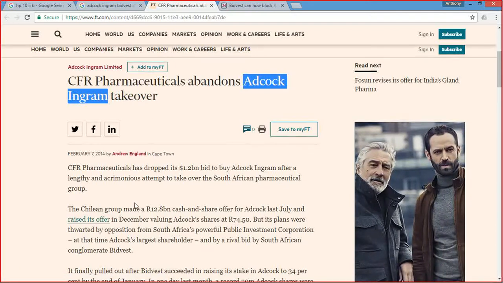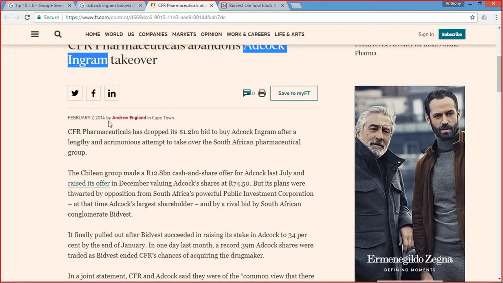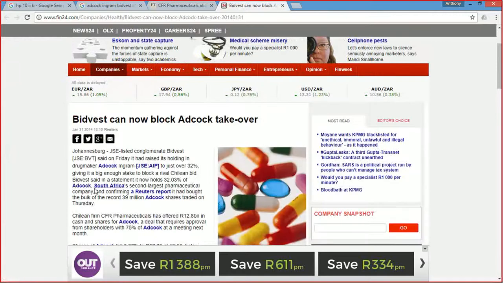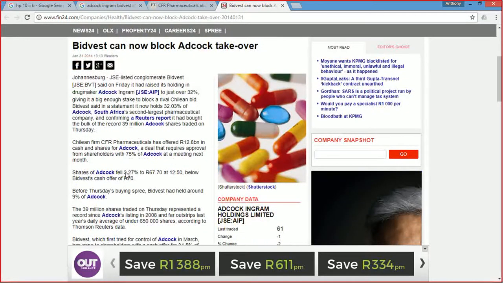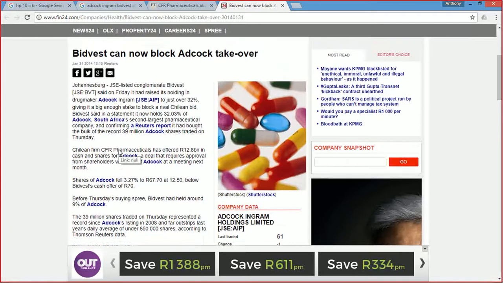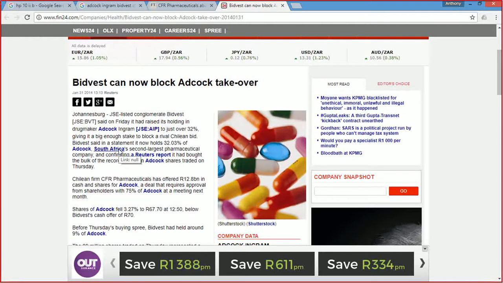This was in the media about 3 years ago, 2013, 2014, where you had a company from Chile trying to buy Adcock Ingram, and also a South African company, Bidvest, also looking at purchasing it. So you had two companies fighting over the control or the buying of another company. It was quite interesting.